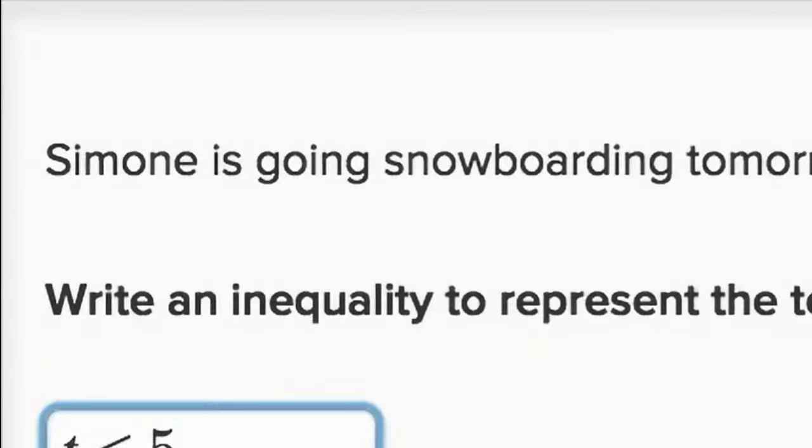Remember, they're telling us that the temperature is equal to or colder, so she's even willing to go snowboarding if it's less than or equal to 5 degrees. So instead of just saying less than, let's say less than or equal to 5 degrees. This inequality shows us all of the temperatures at which she is willing to go snowboarding. Check our answer, and we got it right.